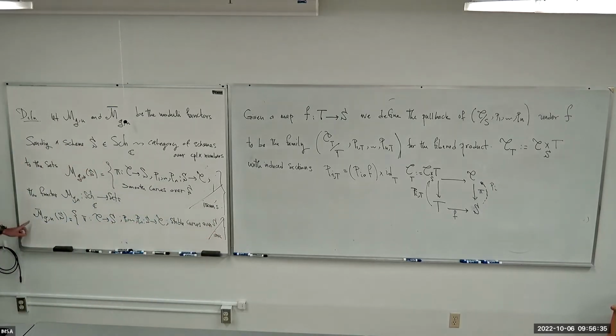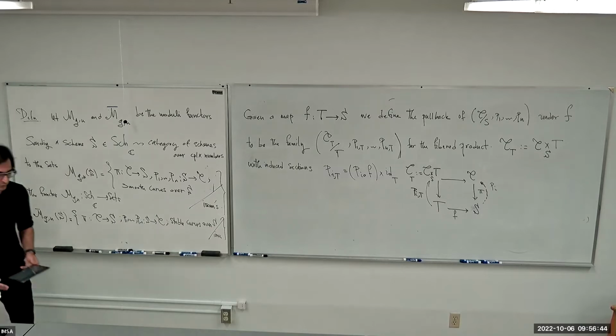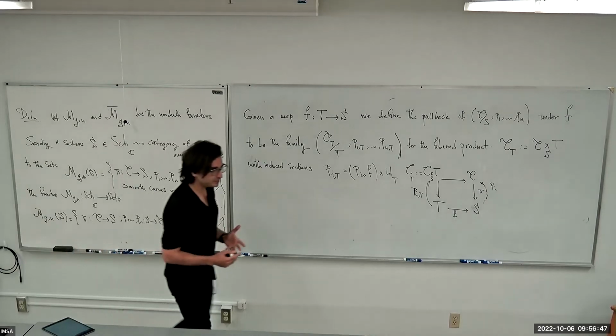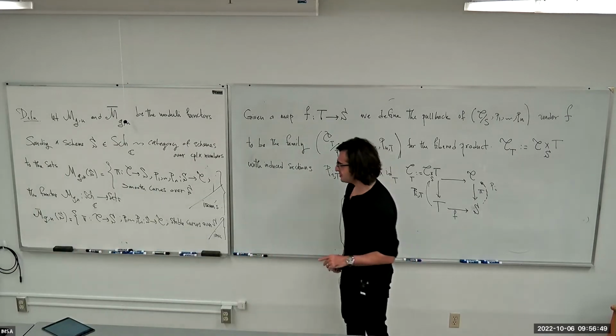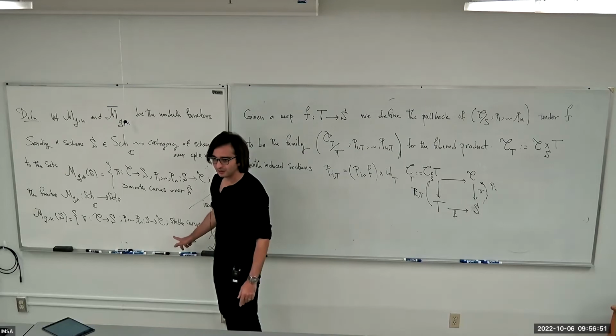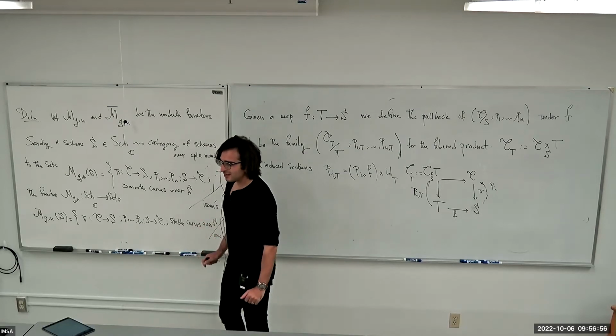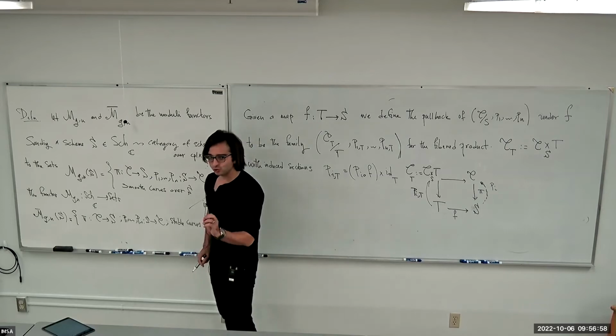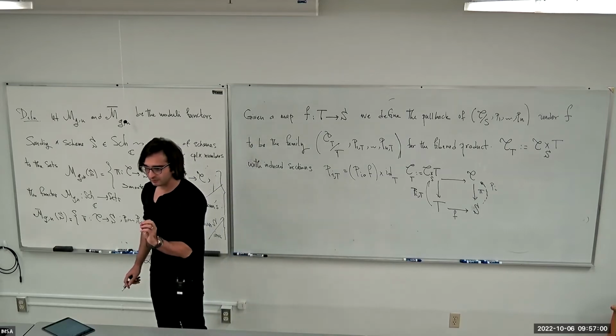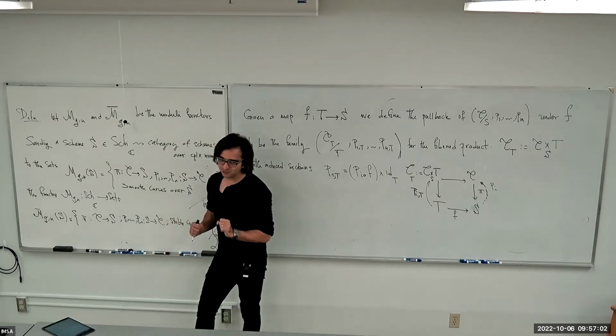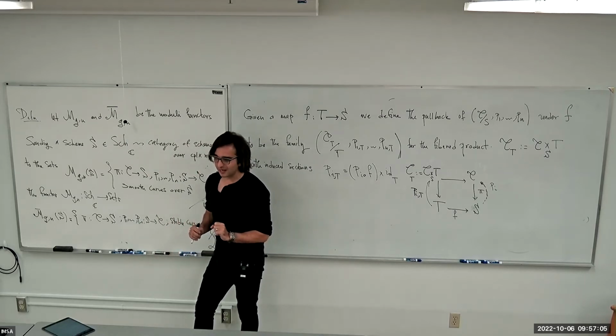The difference between M_{g,n} and M bar_{g,n} is the difference between smoothness versus stability. And you would ask yourself, why am I caring about stability? Because as you can see, stable curves are allowed to be singular. Stability is controlling how singular the curve can be. I'm not interested in highly singular curves, only a little bit singular curves.